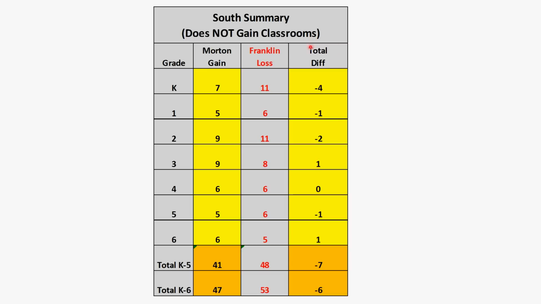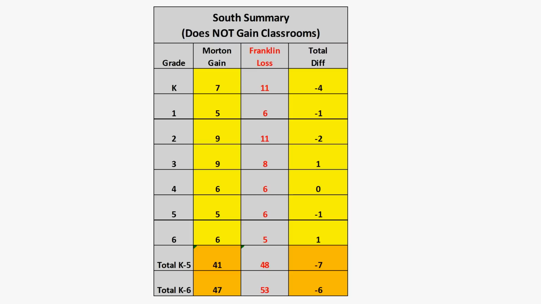This column, entitled Total Difference, shows that South Elementary would have a reduction of 6 students following the Morton Avenue scenario. Please remember that South will not be gaining classroom space when the 6th grade students move to JMS. Therefore, this scenario is a viable option since it will not overcrowd South.